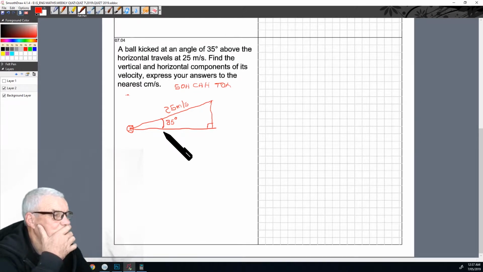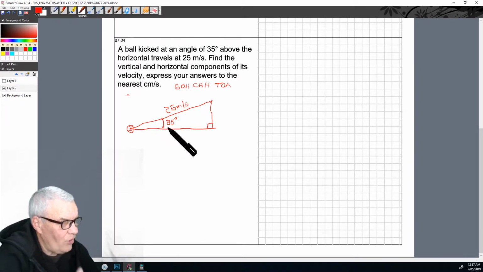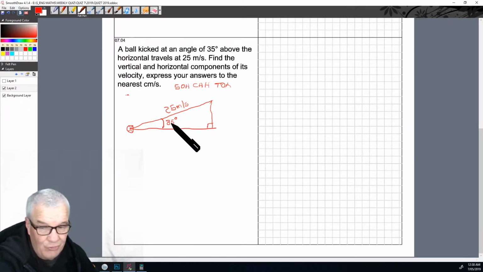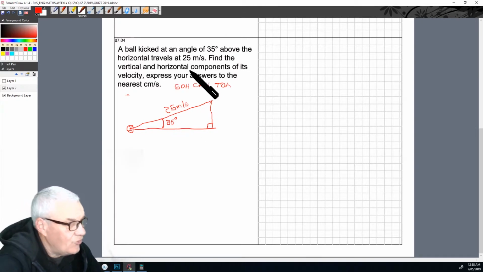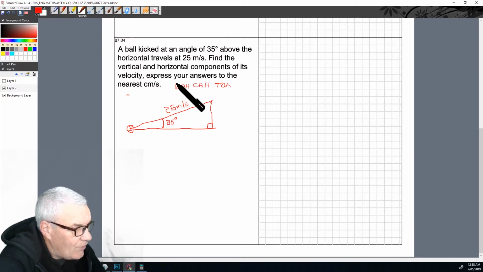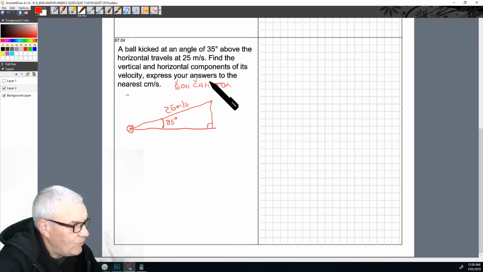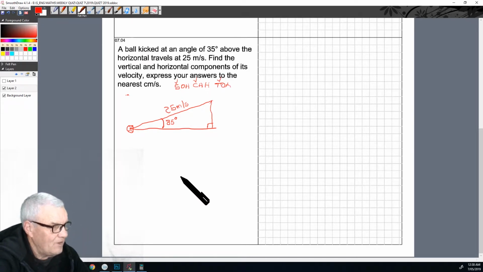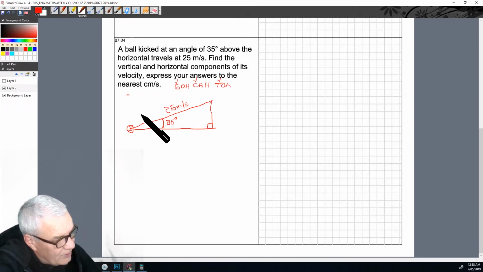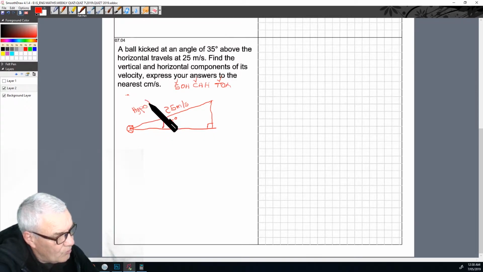If we look here, we've got a 35-degree angle. So that means we can find the sine of 35, the cosine of 35, and the tan of 35. This is a right-angled triangle, and this side here is the longest side, the side opposite the right angle, called the hypotenuse.